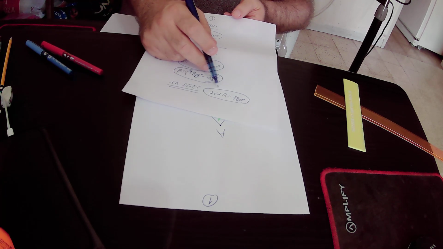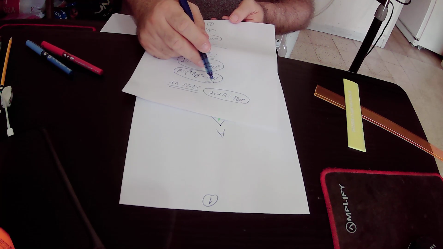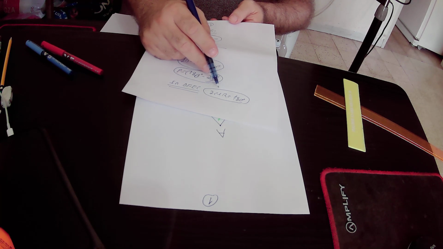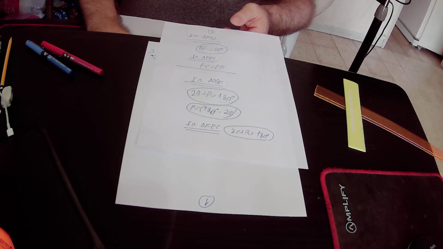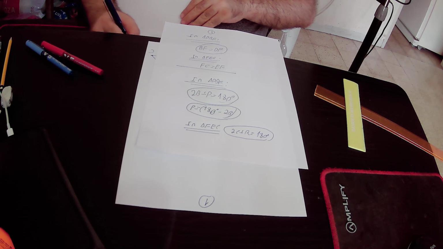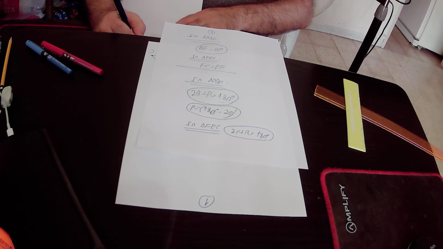That is to say, 2C plus Q equals 180 degrees, and we will subtract 2C from this equality, and we will get that Q equals 180 degrees minus 2C, and we have already found out that P equals 180 degrees minus 2B.